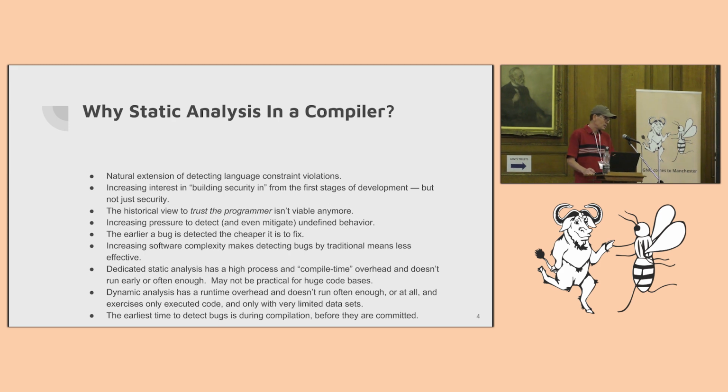The traditional view in the C community and the early view in the C++ community, to trust the programmer, doesn't really apply anymore. We've learned the hard way that security bugs can be exploited, and so trusting the programmer to always know what they're doing, without giving them the right tools to find out when they don't know what they're doing or where they simply make mistakes, doesn't really apply anymore.